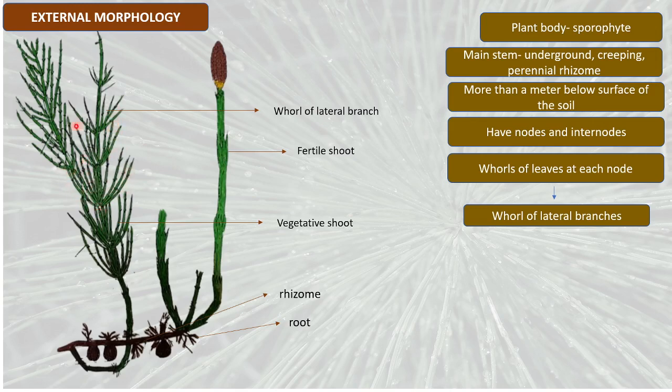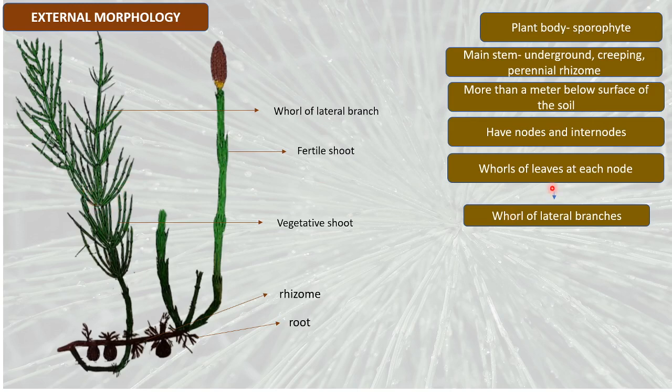These are lateral branches and not the leaves. Leaves are hidden inside, because of the presence of these lateral branches we cannot see the leaves actually. Leaves are very small and scaly, and these that you see are the lateral branches. These are present in whorls in the nodal region, right?